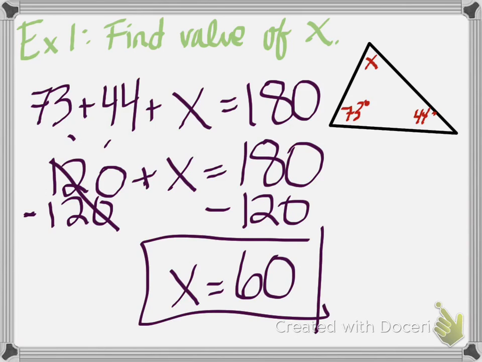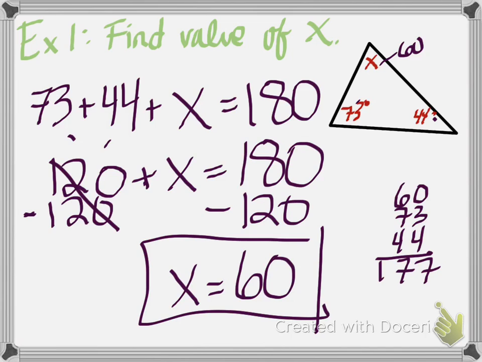And I can check. If this is 60, 60 plus 73 plus 44 should get me 180. That's 170. Oh, I did it wrong. I'm 3 short. Let's go back. 73 plus 44.